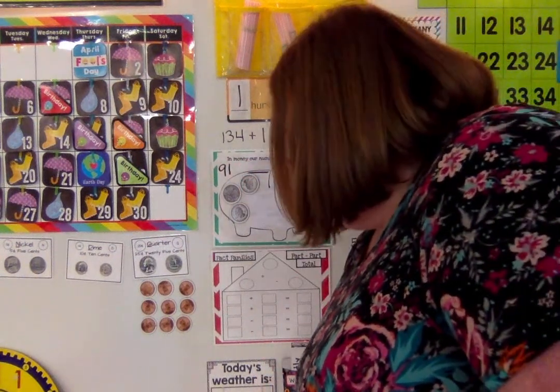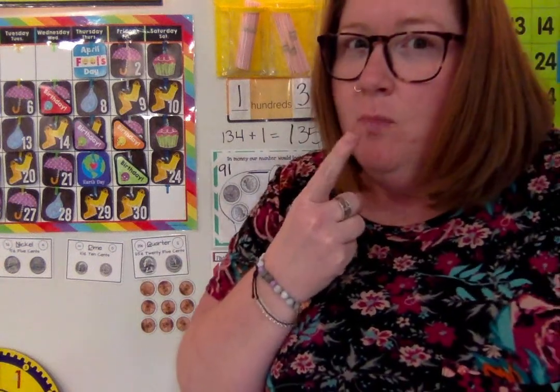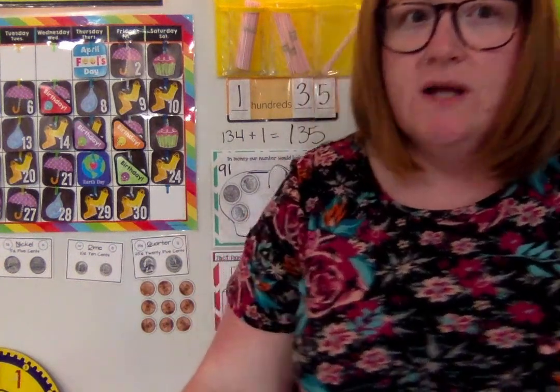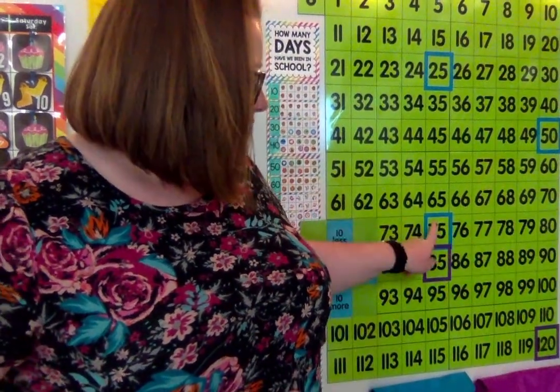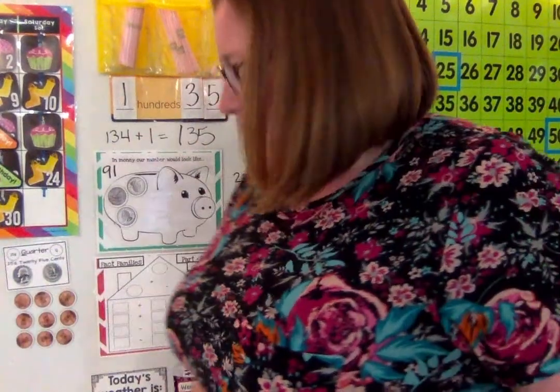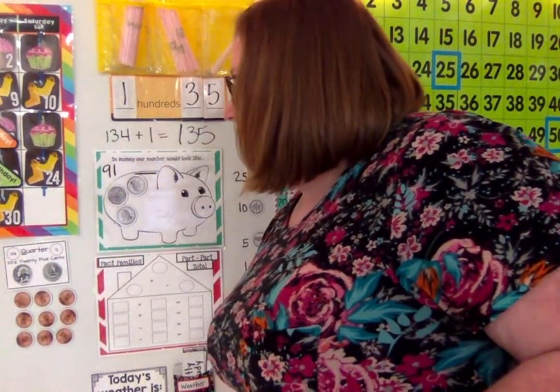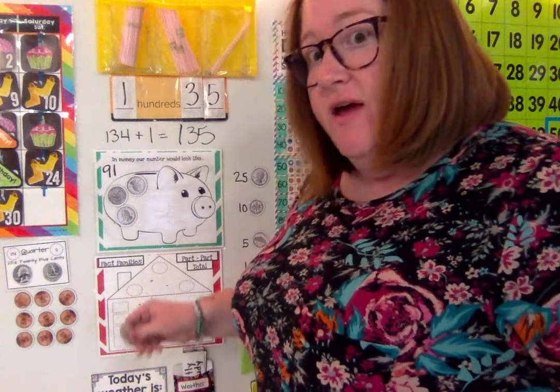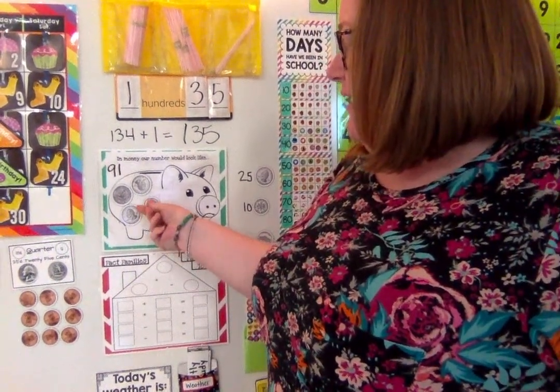So 75, 10 more. Do we remember what 10 more was? We kept it on there. 75, 10 more is 85. So we can add a dime. So now we have 85.